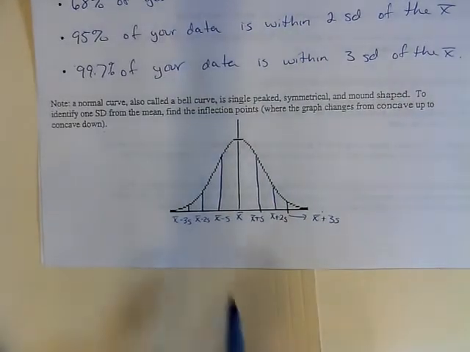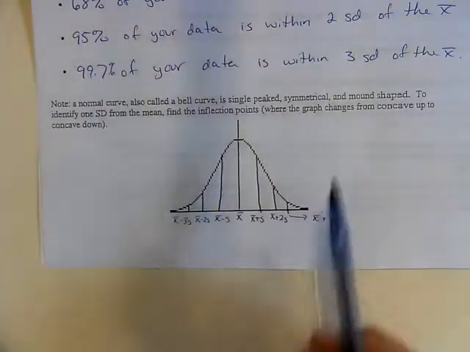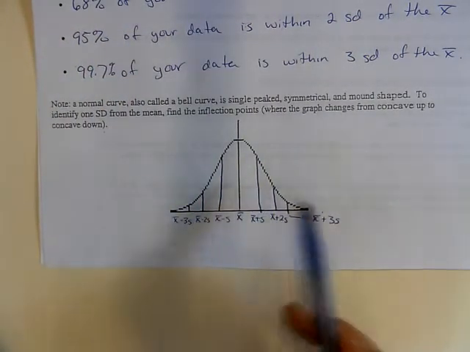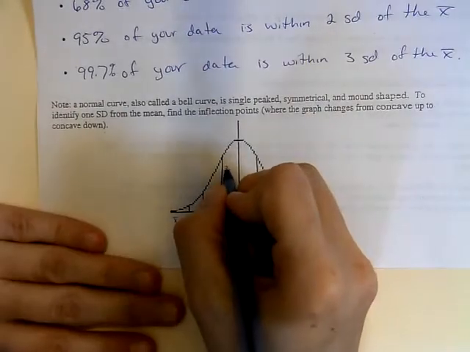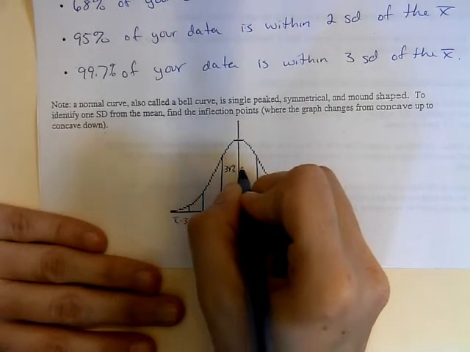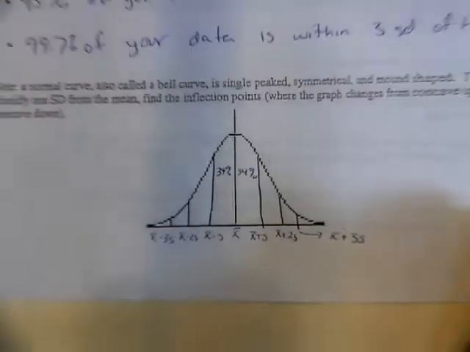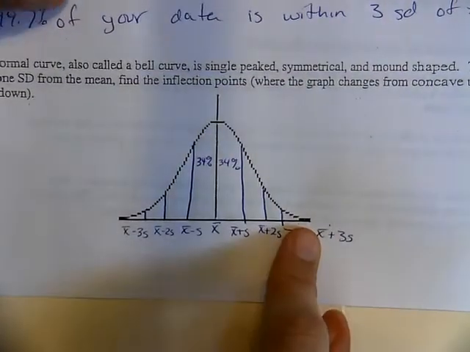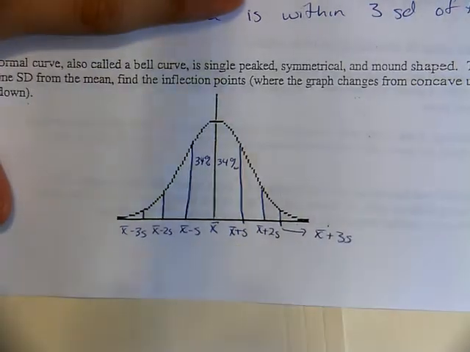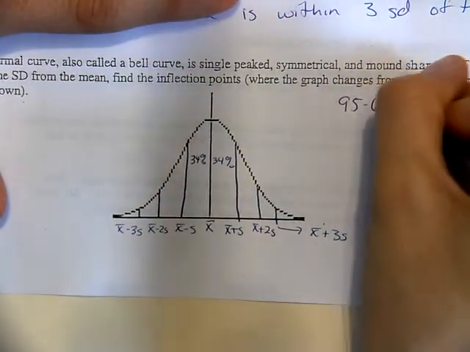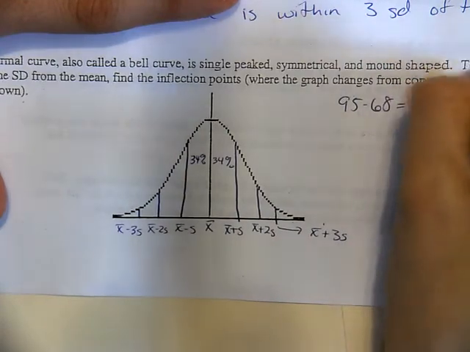So it says 68% should be within 1 standard deviation. That means it's above or below, so really you have a breakdown of 34%, 34%. Now, we're going to break down each one of these. 95 is within 2. So if I do 95 minus 68, I get 27.